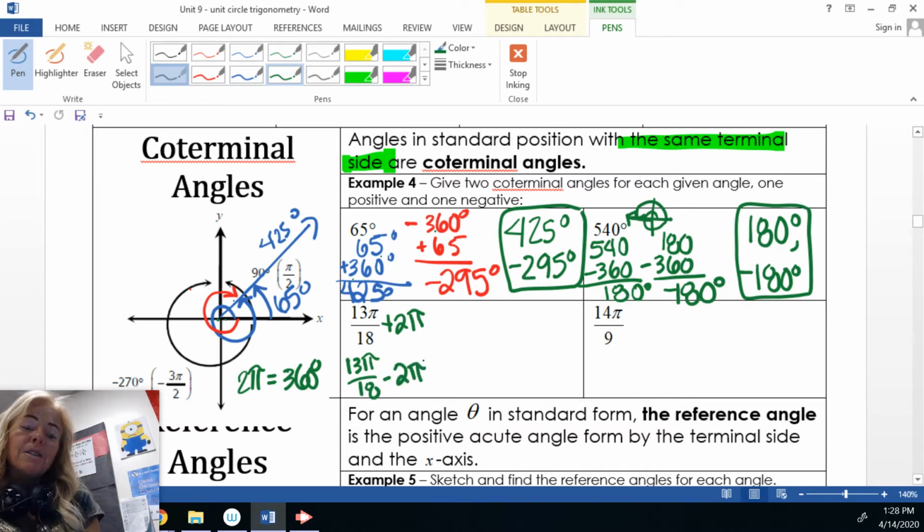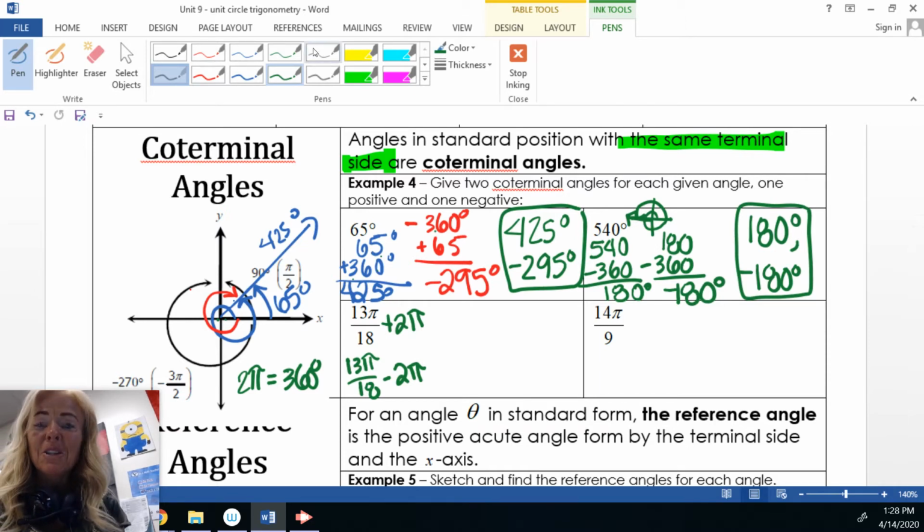Now, radians are parts of circles or fractions of circles, and therefore we have to deal with fractions, unfortunately. In order to add 2 pi as a fraction to 13 pi over 18, we have to have a common denominator of 18.